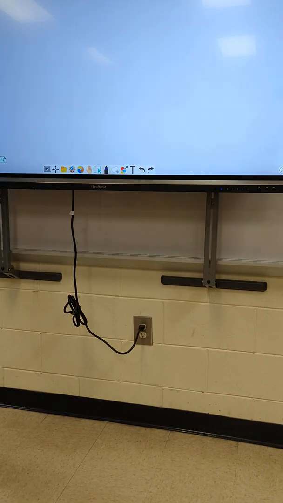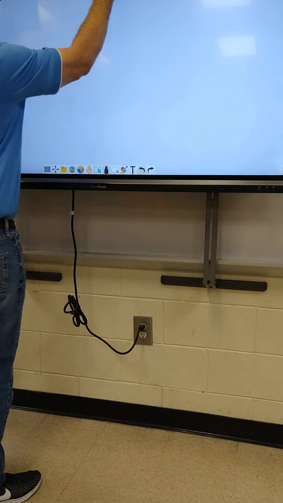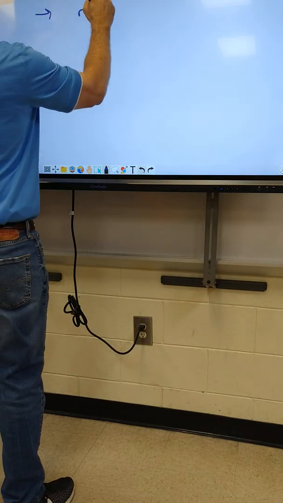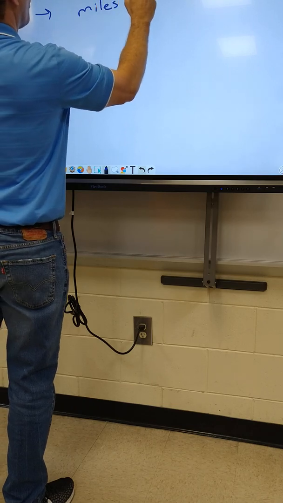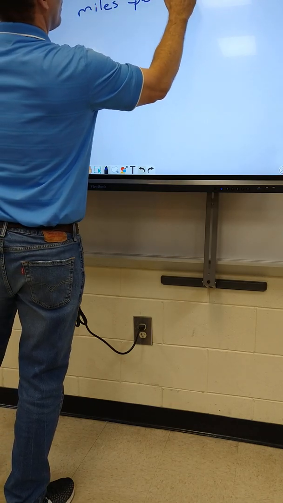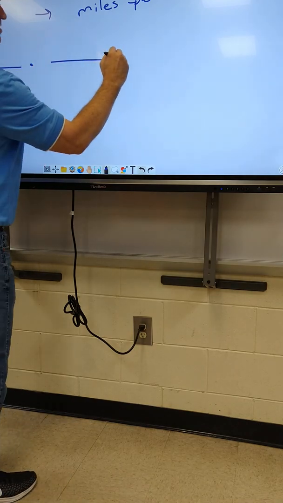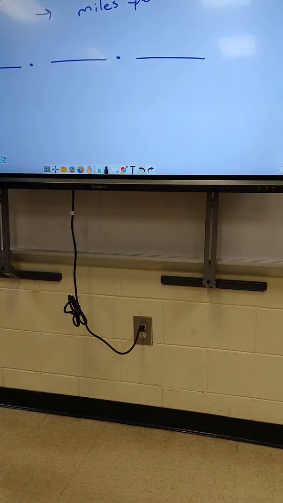Let's do another one. 15 says 27.87 feet per second, and they want us to change it into miles per hour. All right, so you're going to have 3 fractions every time on these problems.